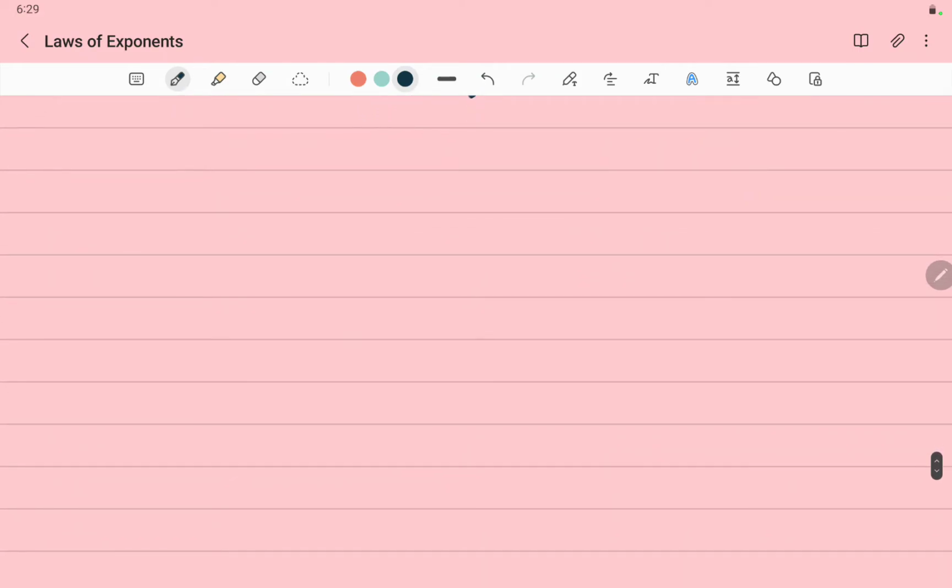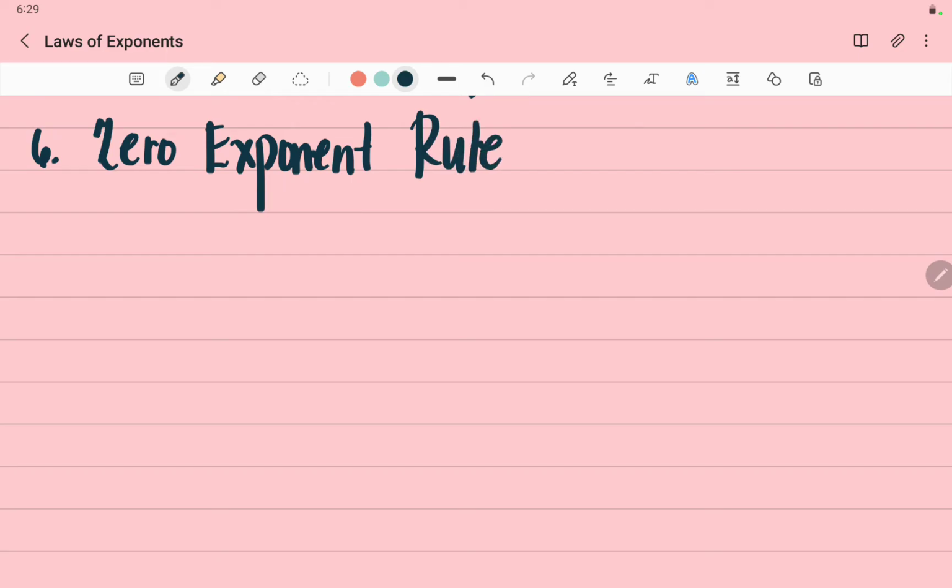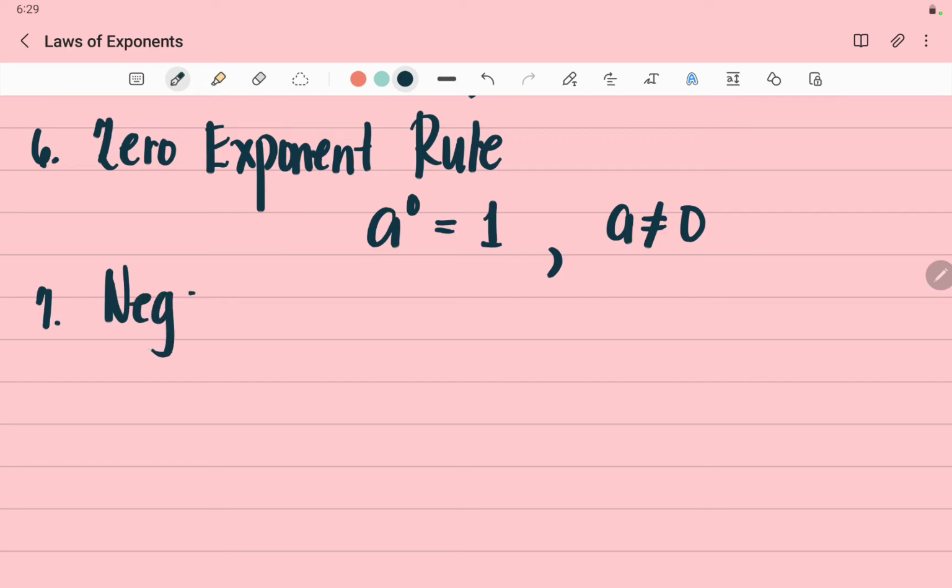Number 6 is the 0 exponent rule. Any number, any letter raised to 0 is equal to 1, provided that a is not equal to 0, because 0 raised to 0 is undefined. Okay? Next, number 7, negative exponent.